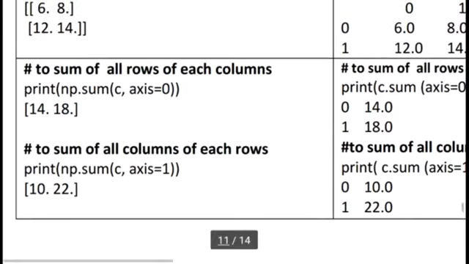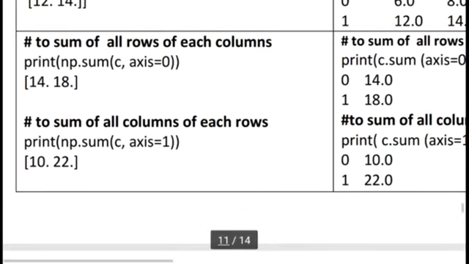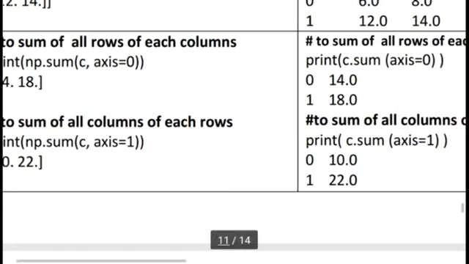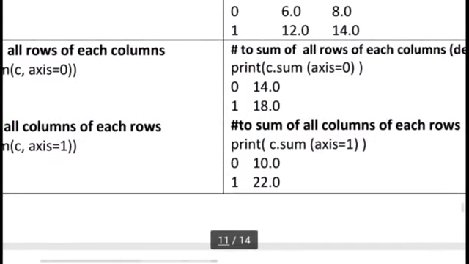You can see here I am using np.sum(C, axis=0). Here axis=0 is the default. When we use axis=0, it always sums all the column values. So we can omit axis=0 because it is the default, and here I am using axis=1. So axis=1 is important. We always use axis=1 because here I want the sum of each and every row, 10 comma 22.